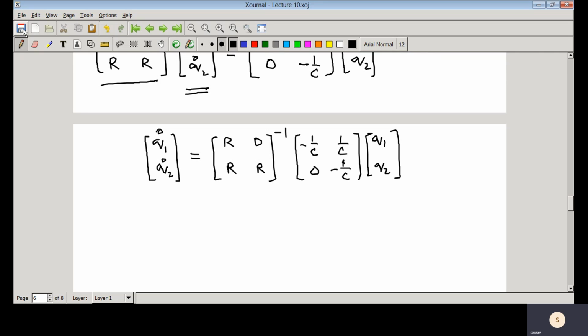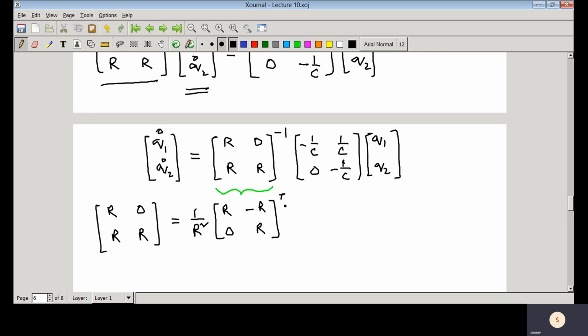So what we can see, first we need to find the inverse of this matrix. As I think all of you know, the inverse of this matrix is R0 RR. Find the determinant, that is R square, and the adjoint would be R minus R, transpose.